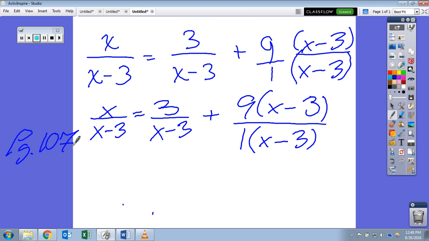All right, look at the second line here. Everything is over x minus 3. What do you think you might want to do next? Canceling is not really necessary right now. I mean, you could, but it's not necessary.